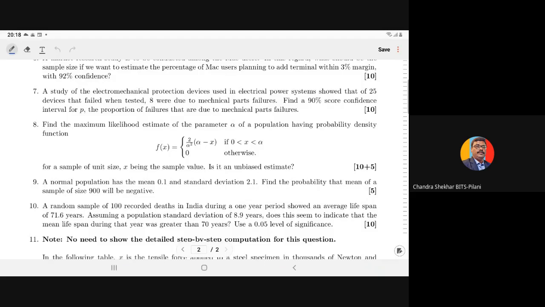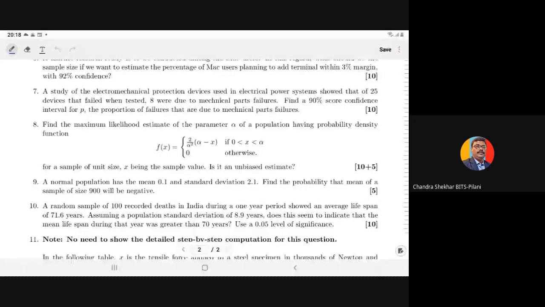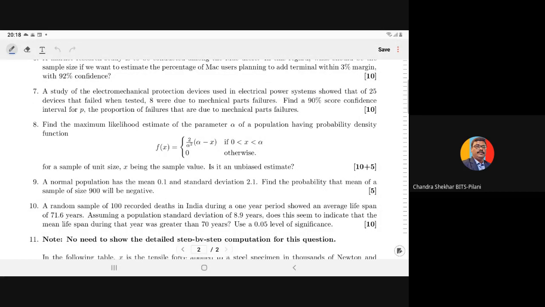In question number 8, find the maximum likelihood estimate of the parameter alpha. MLE we generally use to compute the estimate for the unknown parameter. So the unknown parameter is alpha of a population having probability density f(x) equal to 2 upon alpha square into alpha minus x, where x belongs to 0 to alpha and 0 otherwise, for a sample of unit size.